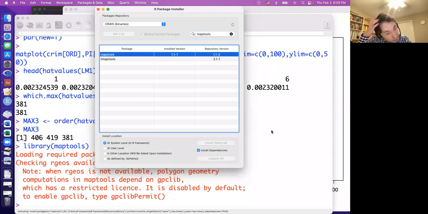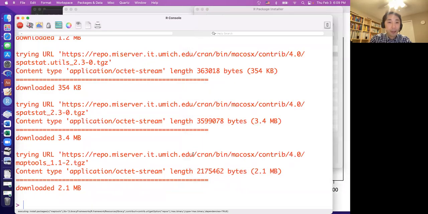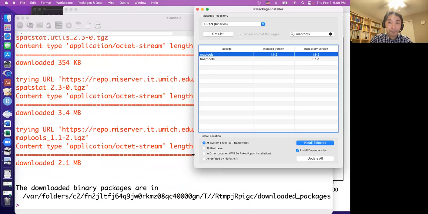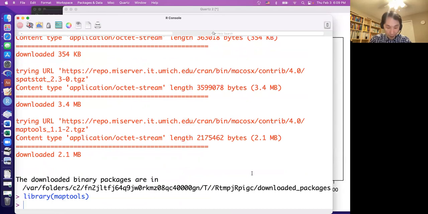It takes some time sometimes. It seems that maptools itself is installed, but the required package isn't installed. Yeah, so now I think it should be fine. Now we have no errors.